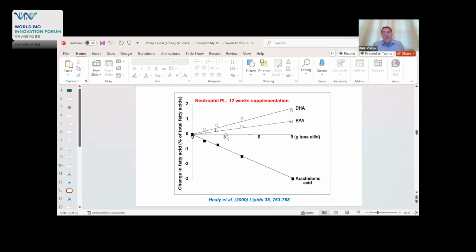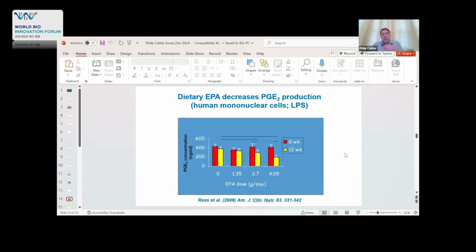So we found the higher the dose of tuna oil, the greater the amount of EPA and DHA that appeared in the membrane of these cells. But as EPA and DHA are incorporated, so the amount of arachidonic acid is decreased. So we diminish the amount of this important precursor for pro-inflammatory lipid mediators, and we increase the amounts of EPA and DHA that are present.